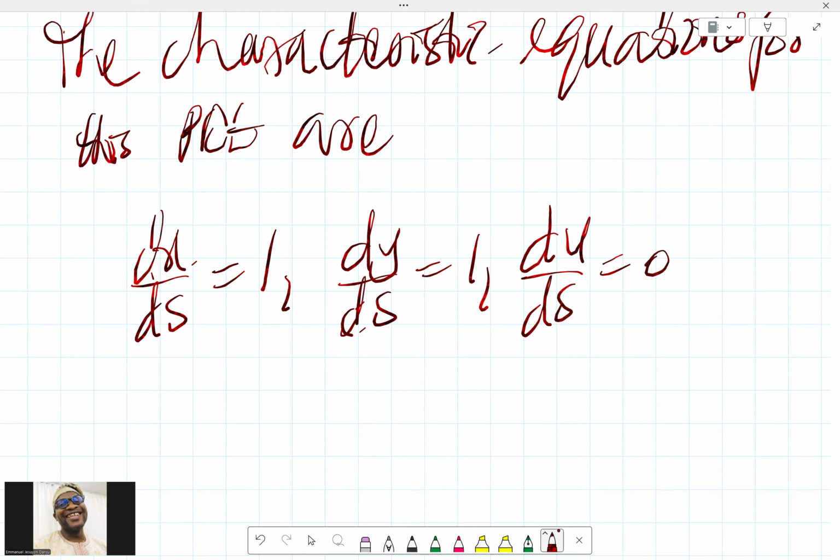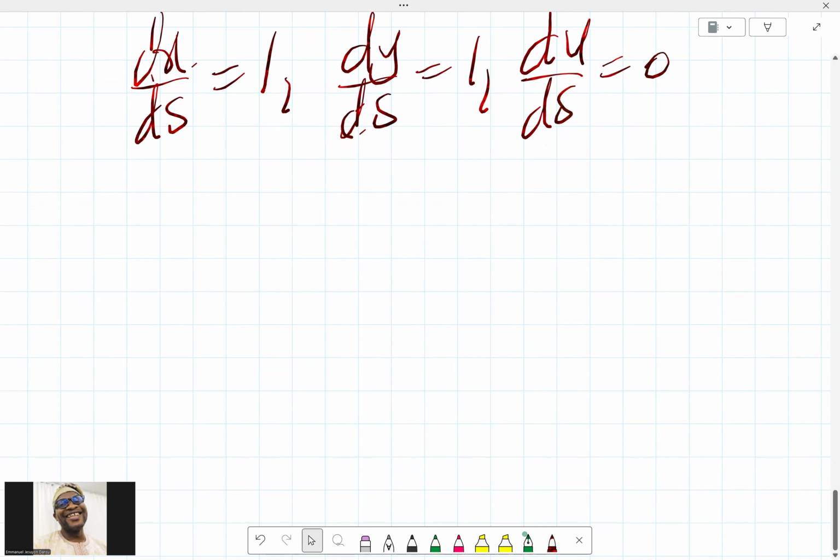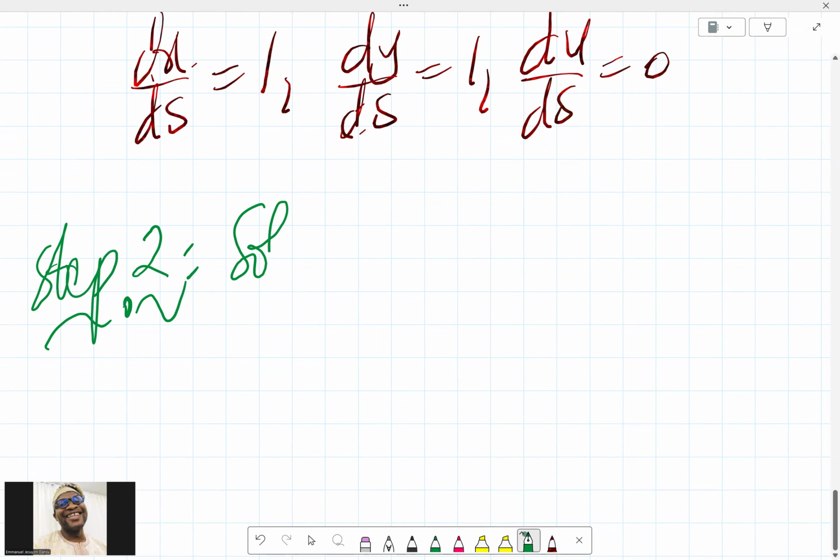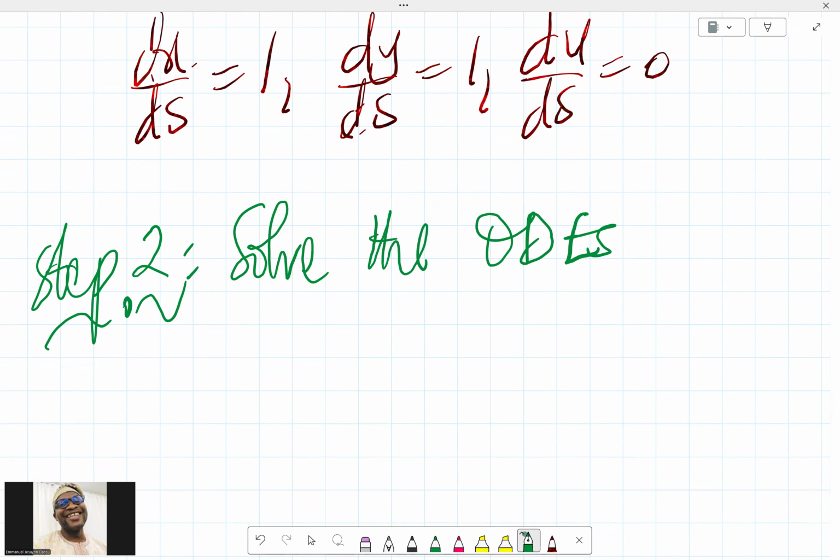The derivatives of the independent variables with respect to s equal 1, where s is the parameter representing the characteristic, and the derivative of the dependent variable equals 0. Once that is done, you go to step two, where you solve the ordinary differential equations.